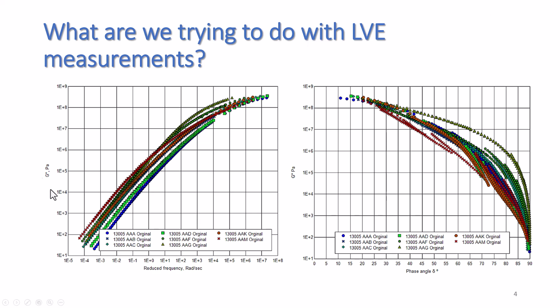The left-hand representation is the complex modulus, or G star, shown against frequency at a reference temperature of 25 degrees. And the right-hand side is a plot of G star versus the phase angle, which is commonly referenced as the black space plot.